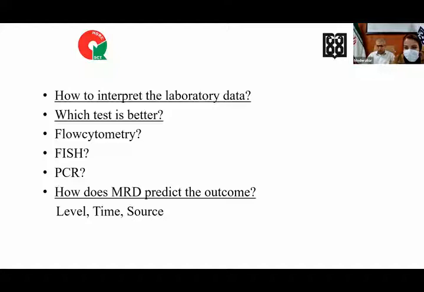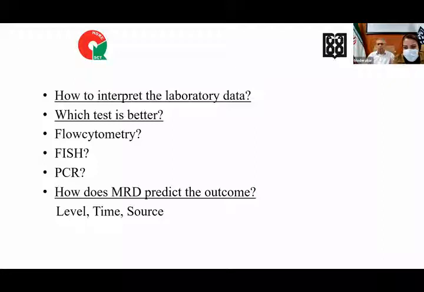And do you believe that multimodality techniques for MRD assessment are better than one technique? Because as you presented, NGS and flow cytometry can better discriminate patients, and maybe if we use different techniques, for example NGS or PCR, FISH, and flow cytometry, it may help us find different subpopulations of AML patients.